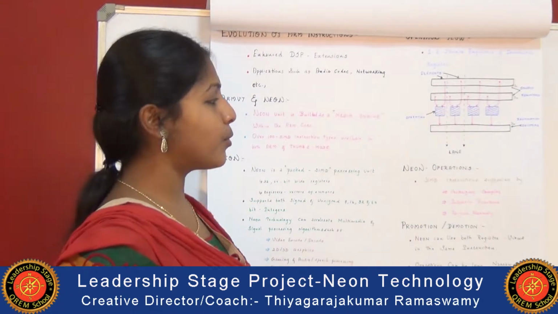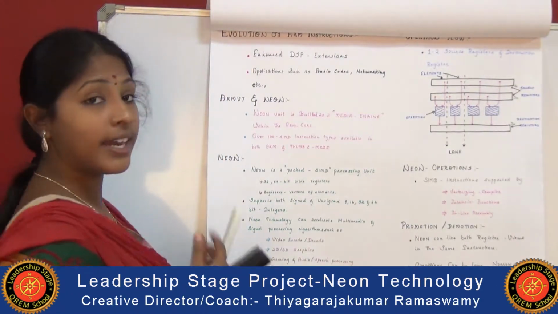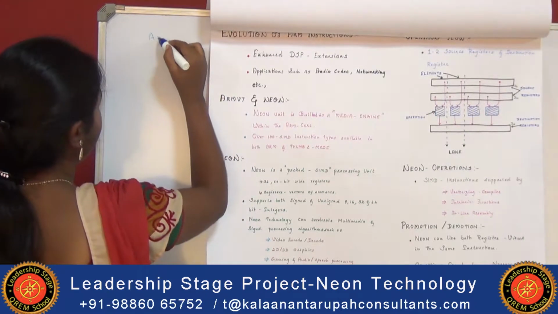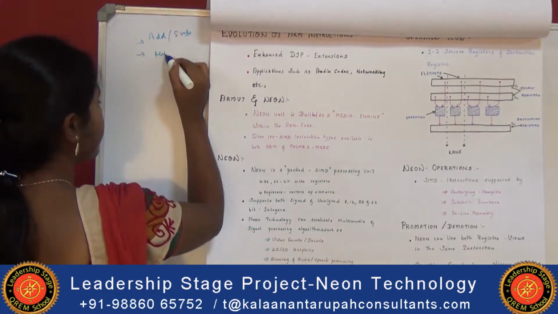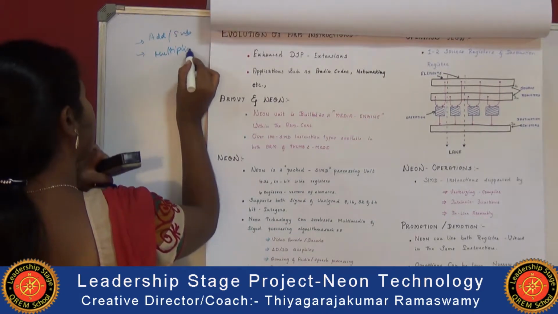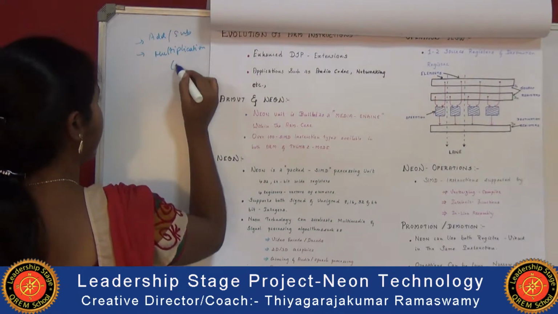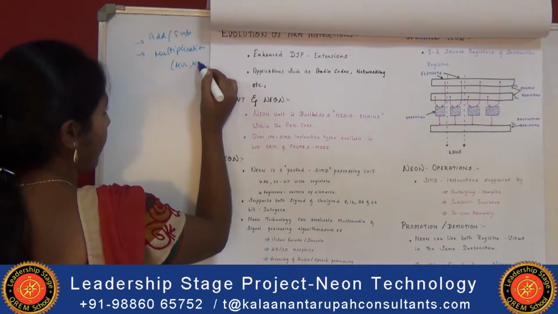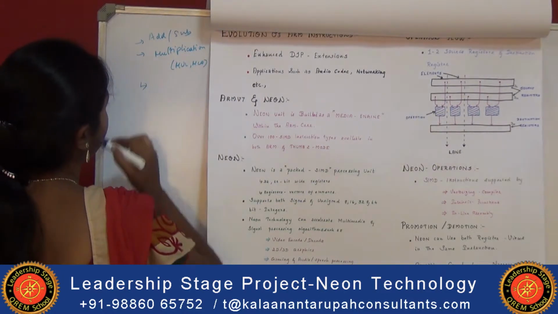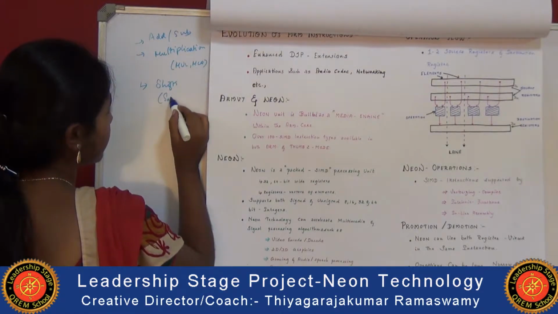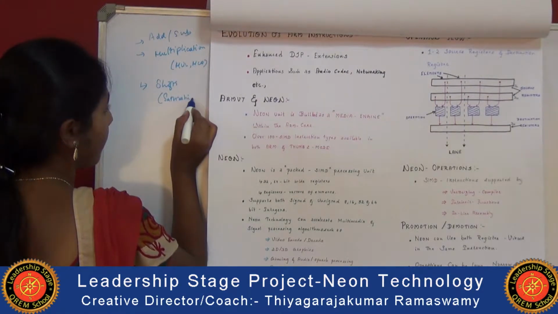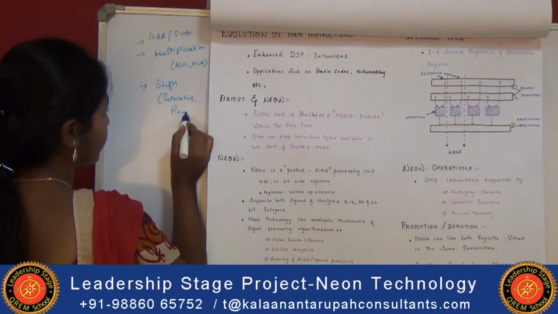The operations which are supported by Neon are many. One is addition or subtraction. Then multiplication, in particular MUL or MLA. Then shifts. Shifts may be saturating or rounding.